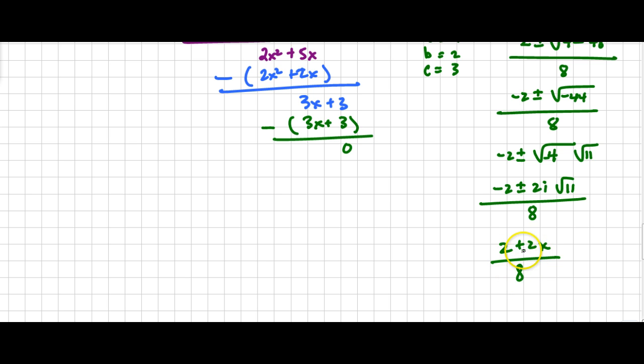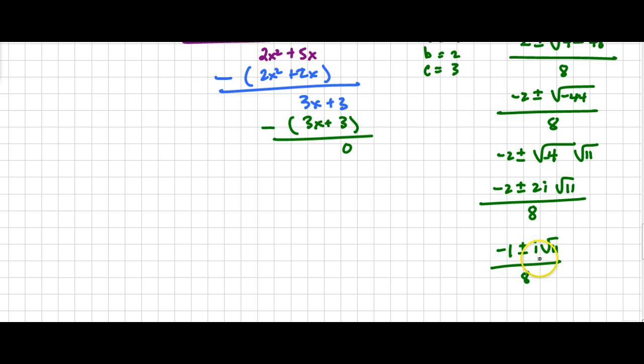So divide everything by a 2 there, and we're going to get 1 plus 1x over 4. So that's what's going to happen here, only it's not a 1, it's going to be an i instead. So this square root of 11 behaves very similar to what a variable would behave like. So I'm going to get negative 1 plus and minus i square root of 11 over 8.